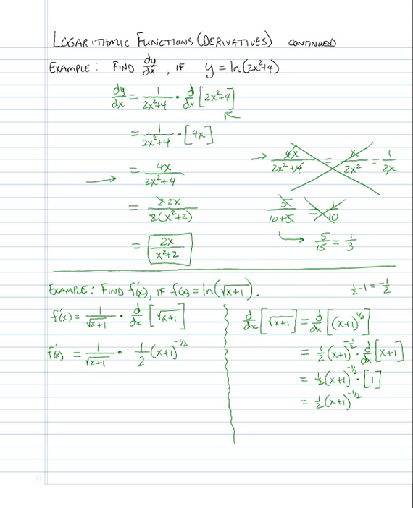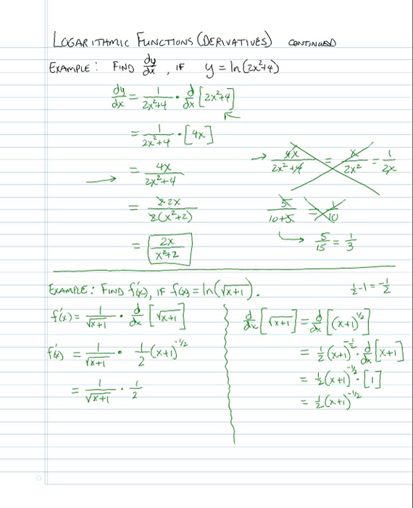Now, let's not forget that we don't like to leave answers with exponents that are negative. So as we go forward to do some more algebra here, we need to rewrite that negative 1/2 power as a positive exponent.